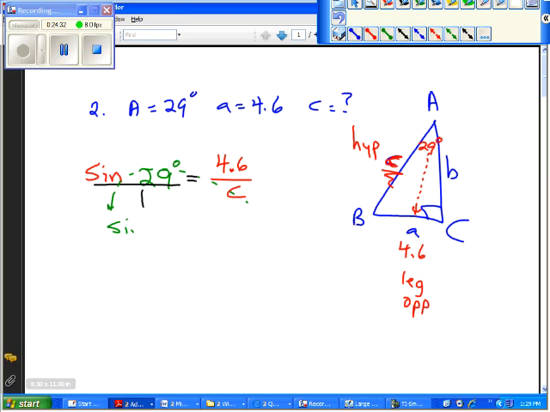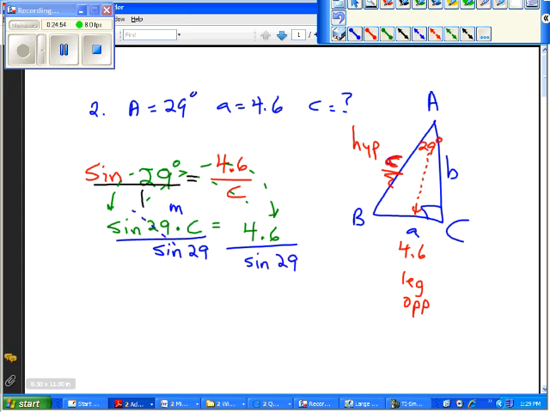And so we would have sine 29 times c is equal to 4.6. And then to solve for c, we would undo multiplication by division. And those would cancel, and you would have that c is 4.6 divided by sine 29.